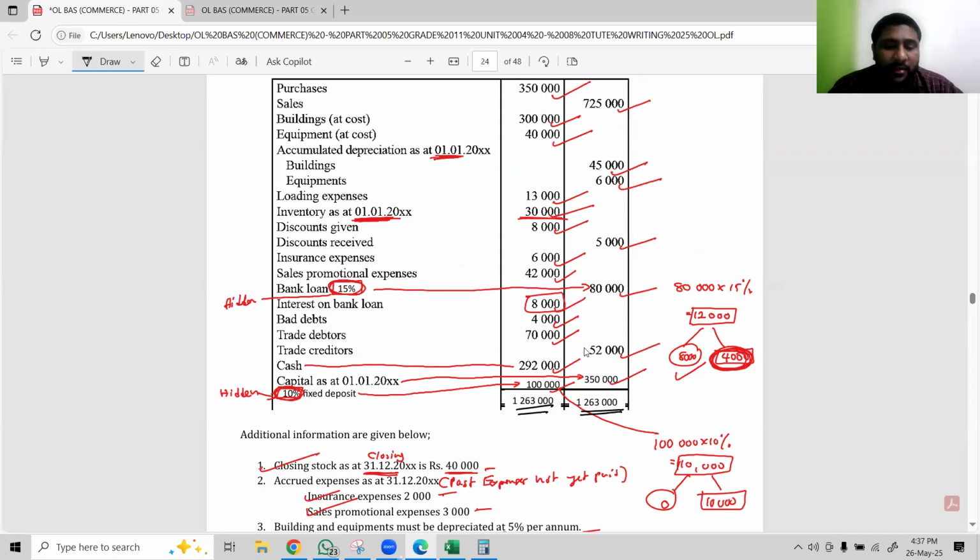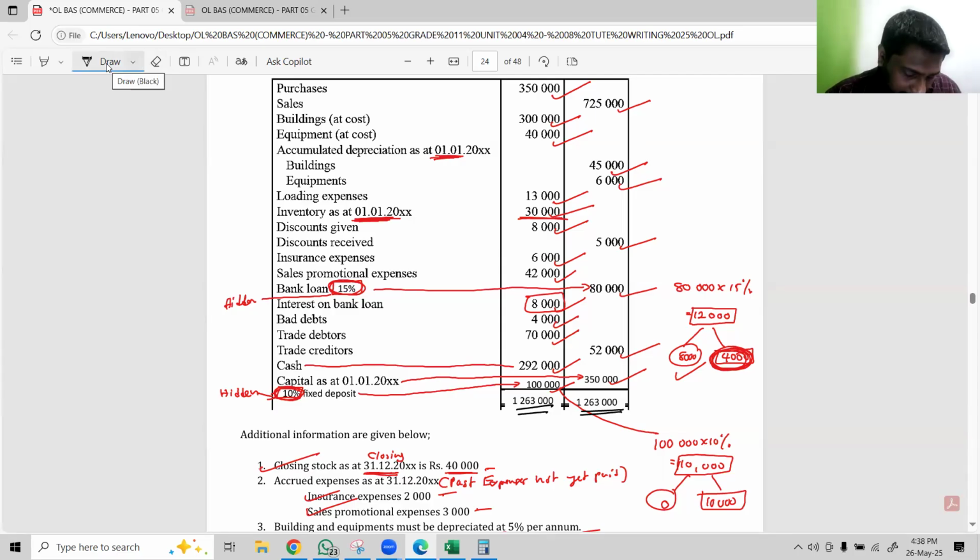Then there will be a difference in the trial balance. We change this one to 92, trial balance will become 1063. Then there is a problem. So trial balance also should balance first. That's what I checked. Yeah, now trial balance is balanced.